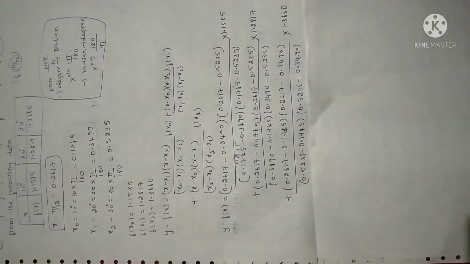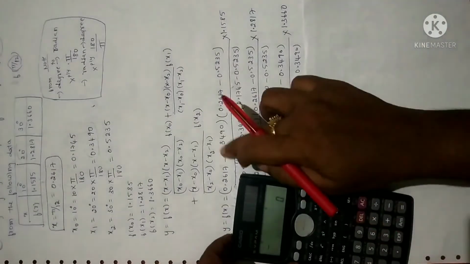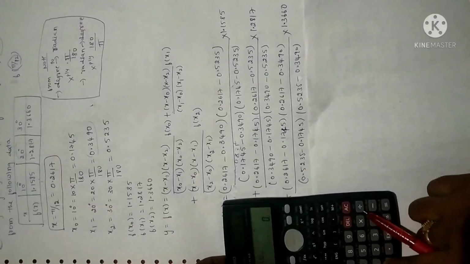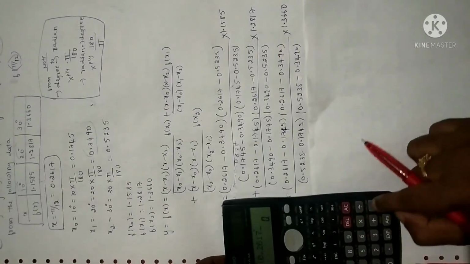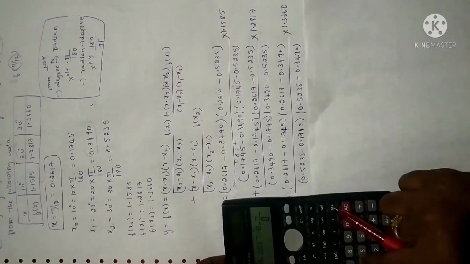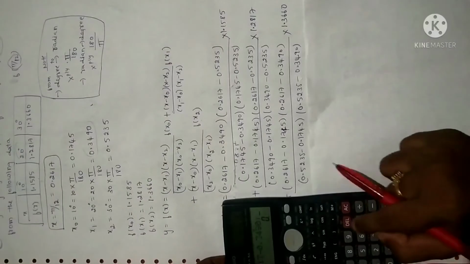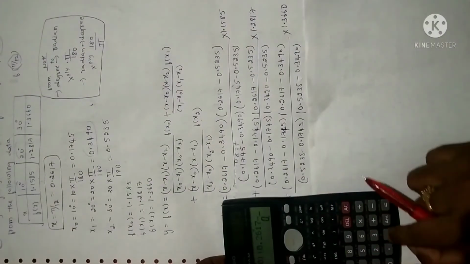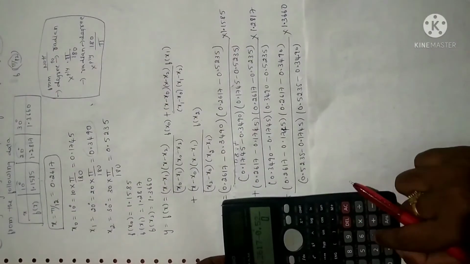So we will be using a calculator to simplify. Anyhow, I'll show you only one term. See here, open 2 brackets, 0.2617 minus 0.3490. Close the bracket, again open bracket, 0.2617 minus 0.5235.